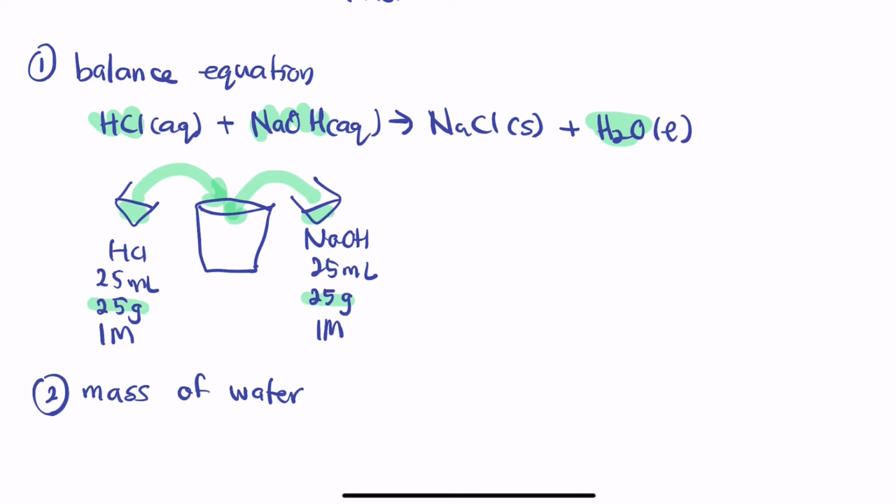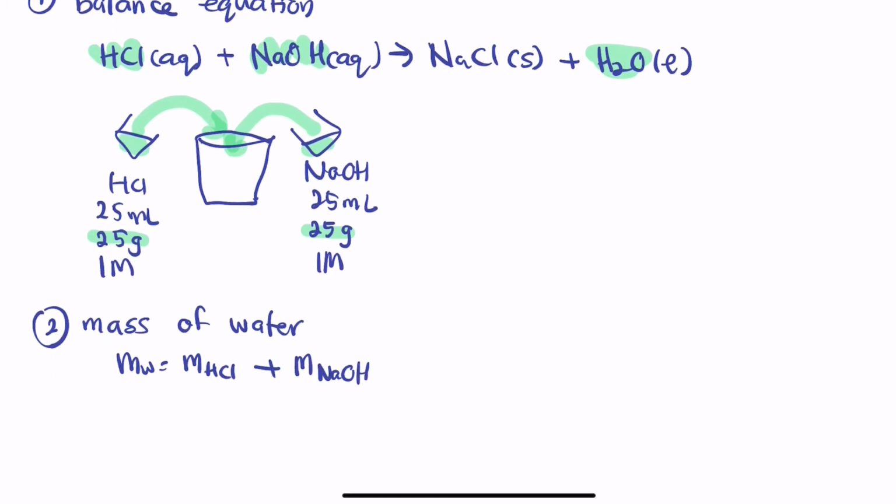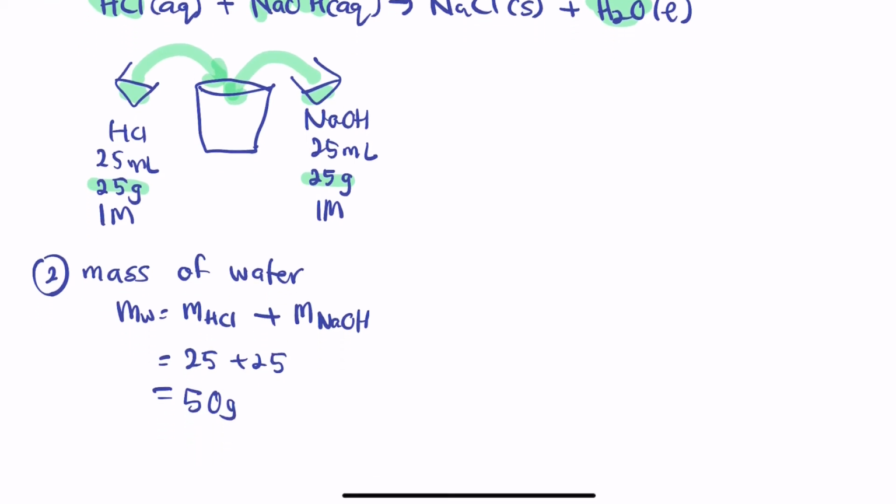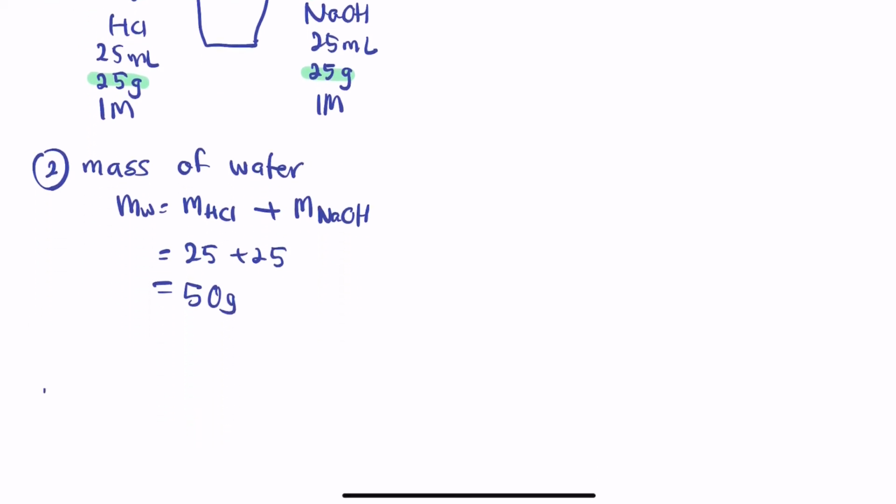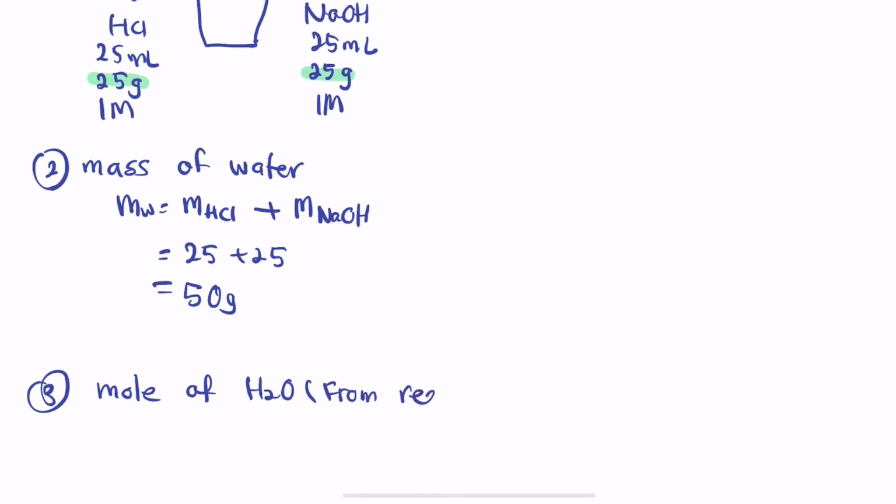So mass of water equals mass HCl plus mass NaOH. So you will get 25 plus 25, you will get 50 gram. The third step is you must find the mole of H2O from the reaction.